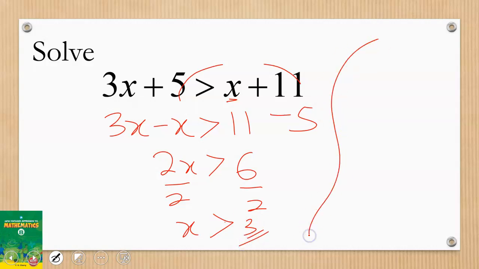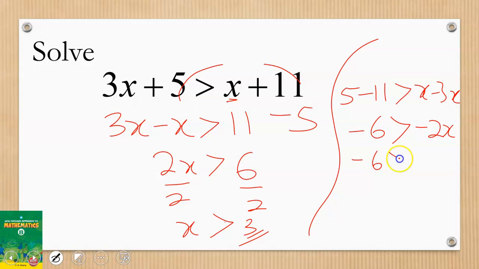Once again, if somebody chooses to group the like terms the other way around, by saying I have my 5 here minus 11 greater than x minus 3x, this will give us negative 6 here greater than negative 2x.